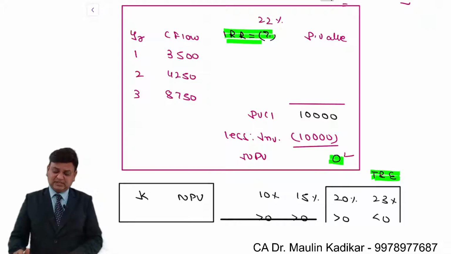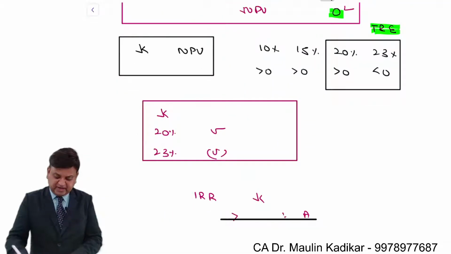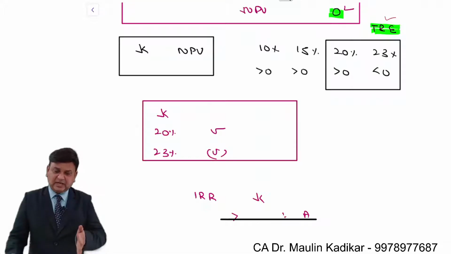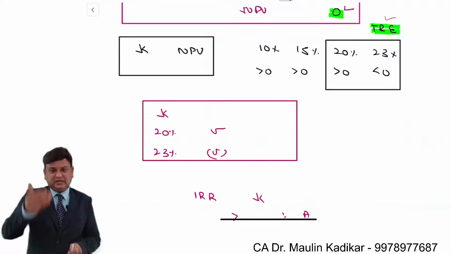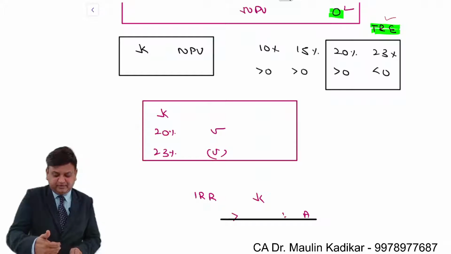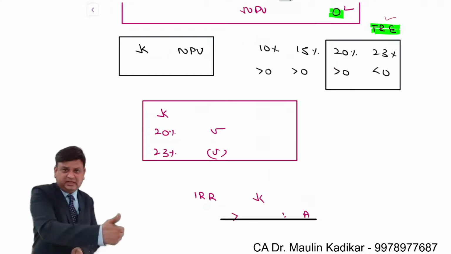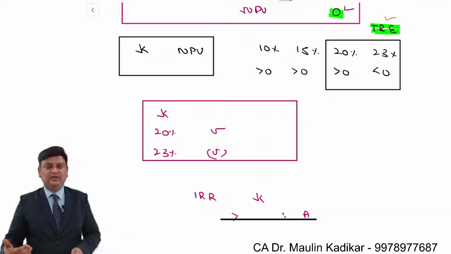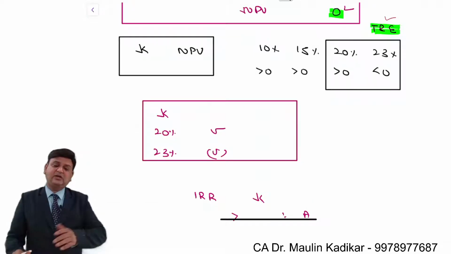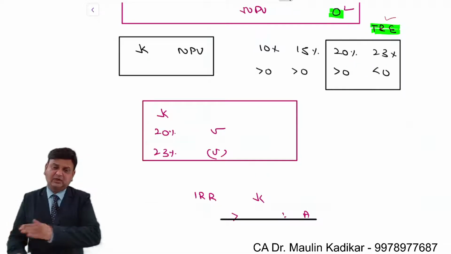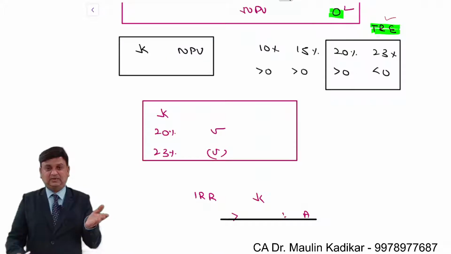So you are required to adopt the trial and error method for the purpose of IRR calculation. Randomly, you have to select a discounting rate at which you find NPV. Now whatever rate at which you have found NPV, that rate is required to be increased to calculate the lower negative NPV, and you are required to decrease the cost of capital for the purpose of increasing NPV.